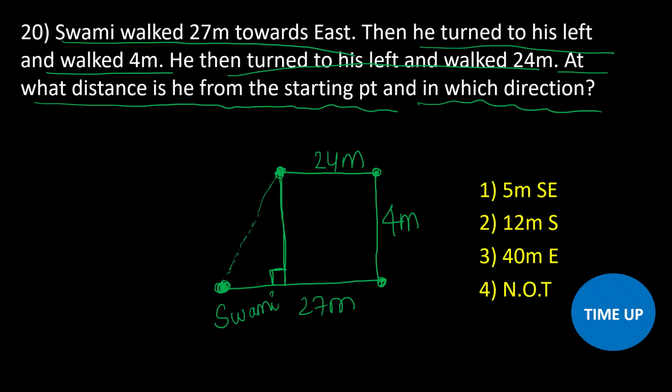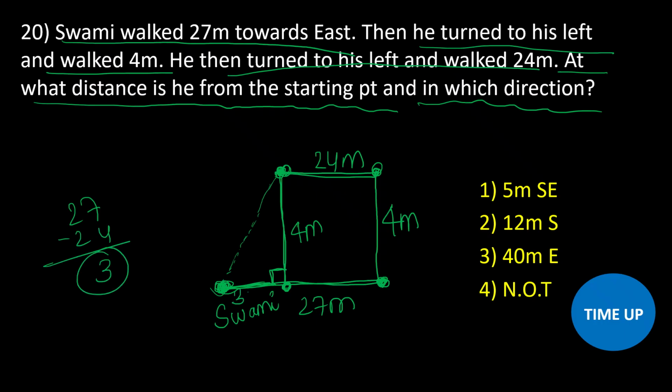So if this is 4 meter, this will be 4 meter. If this is 24 meter till here, this whole is 27 meter, correct? So this will be 27 minus 24, that will be 3 meter. So this is 3 meter, correct?